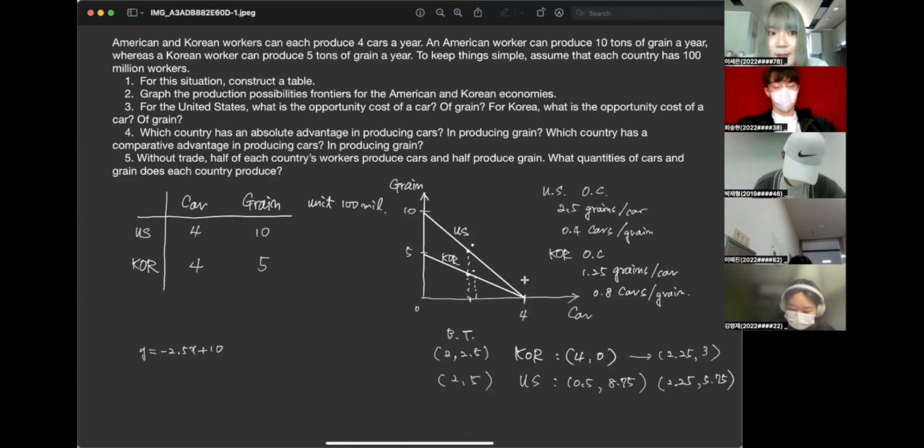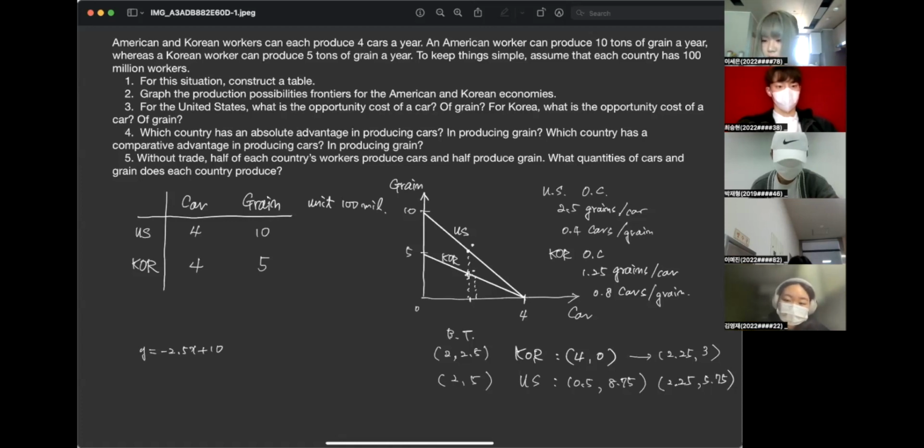But now, what type of production is possible outside of the PPF? By doing so, we can prove that there are gains from trade. Before trade, we could not achieve a point outside of the PPF, but after trade, we can enjoy a point outside of the PPF, which was originally impossible to achieve.